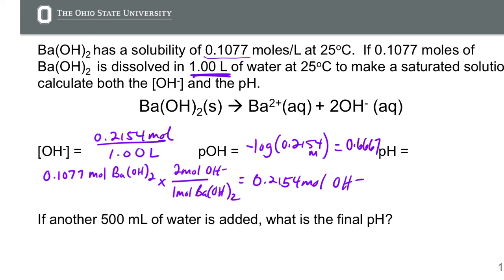Okay. pOH is low, that means it's strongly basic. This is a strong base, so that makes sense. If we calculate the pH, do 14 minus that value, I get 13.3332. Everyone okay with that?